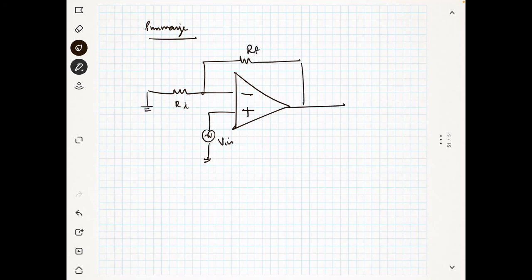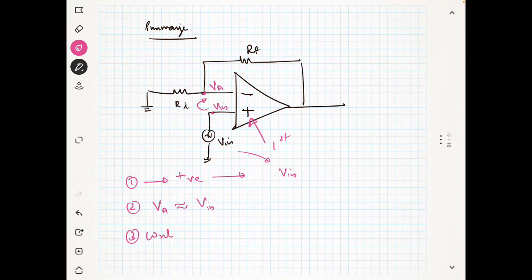In the first step, look at the positive terminal and identify the voltage, and in this case it is V in. Second, mark this voltage as VA, and VA is approximately equal to V in because of the virtual short.